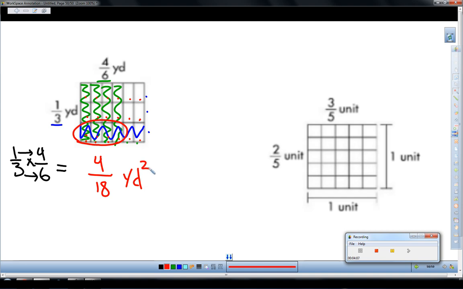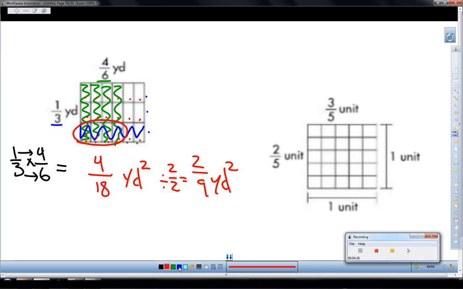All right. And the only catch to this one is that this particular fraction is not in simplest form. We always want to be in simplest form. So both of these even numbers can be divided by 2. So the most correct answer is 4 divided by 2 is 2. 18 divided by 2 is 9. That will be 2/9 yards squared.